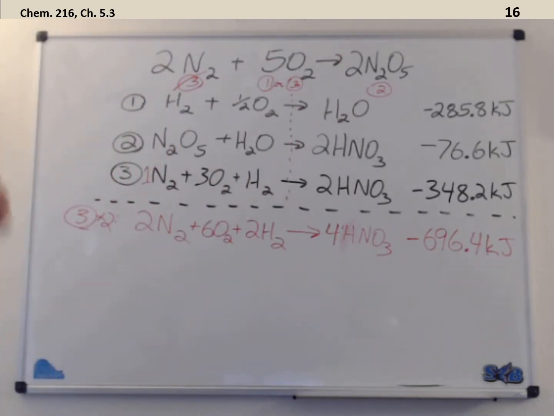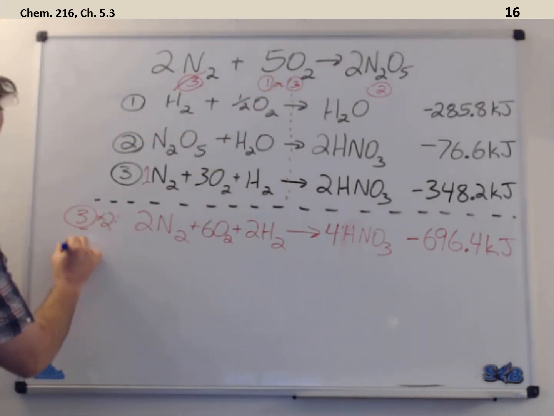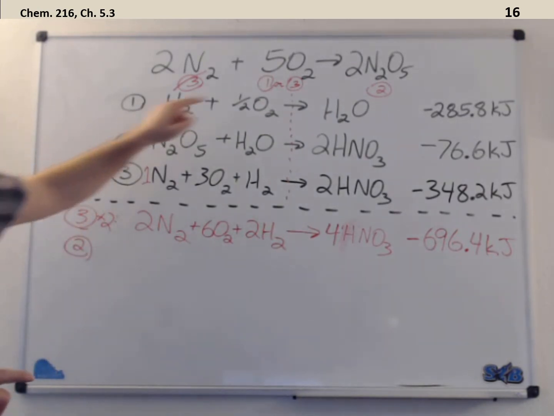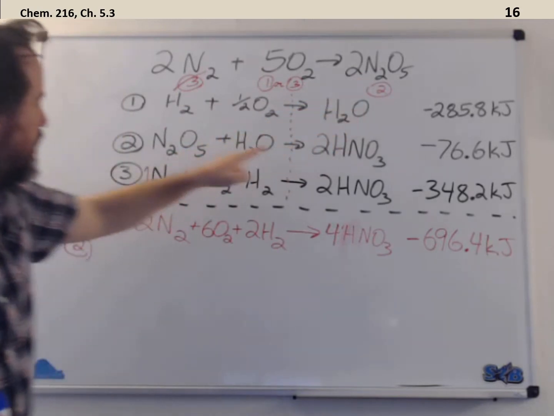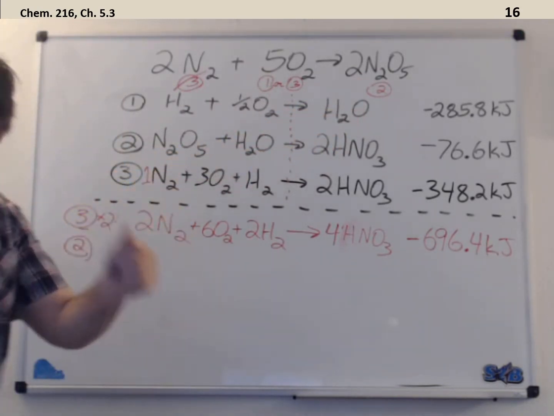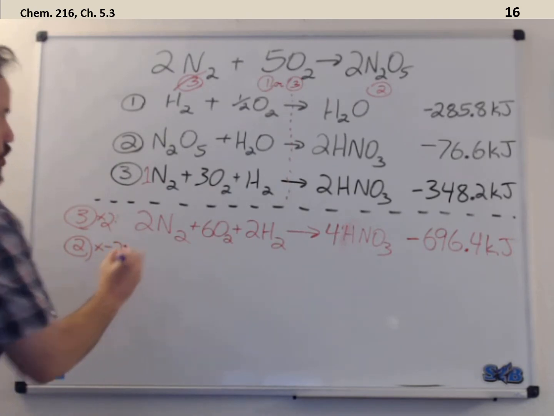I can do that with equation 2, since N2O5 is only in equation 2. Notice here I have 2N2O5 as a product, and here I have 1N2O5 as a reactant. So I'm going to take this and multiply by negative 2.